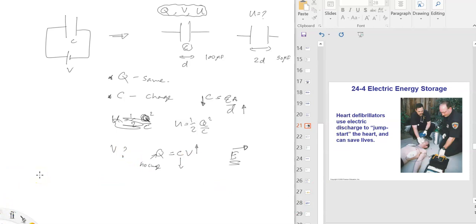All right. So the next thing I want to discuss is the dielectric medium. If you remember that capacitor equation, so let's clear this.